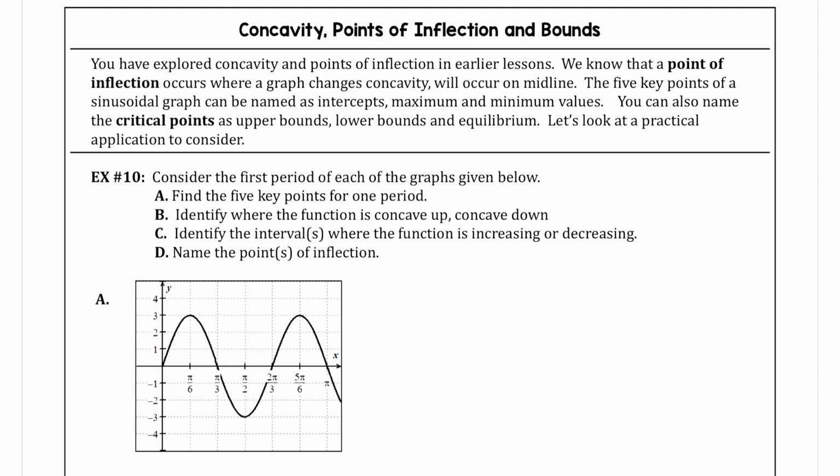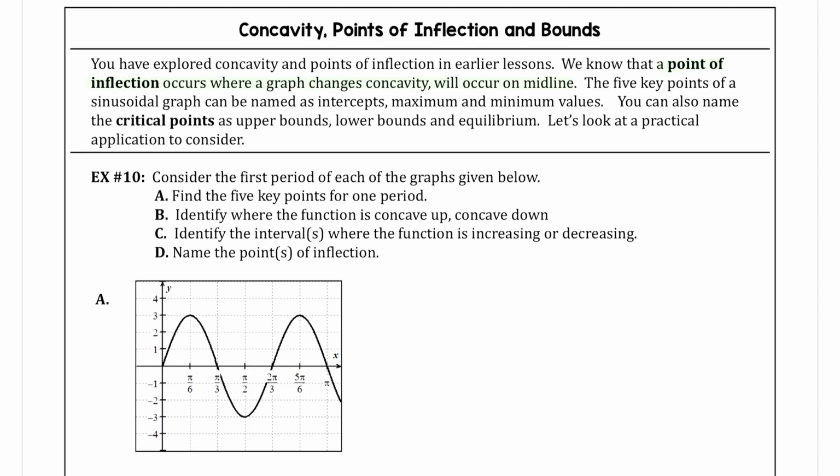We're going to identify where the function's concave up or concave down. We're going to identify the intervals where the function is increasing or decreasing. And then we're also going to name our points of inflection. So remember, at the top here, our point of inflection occurs where a graph changes concavity. And then it also adds this new sentence here. It occurs on the midline.